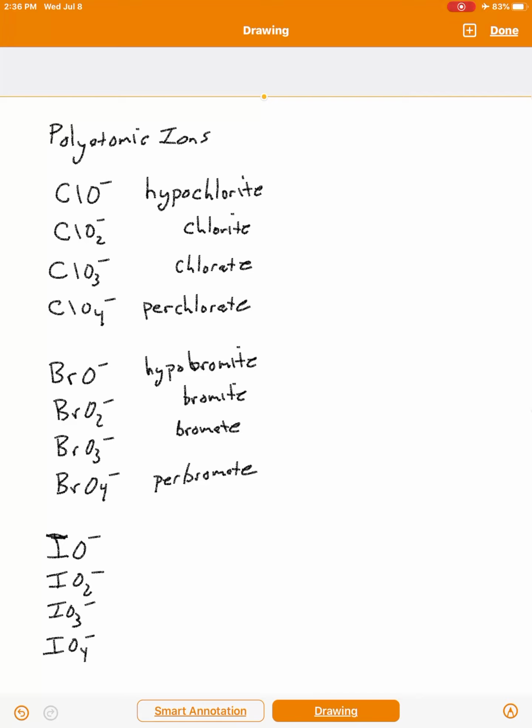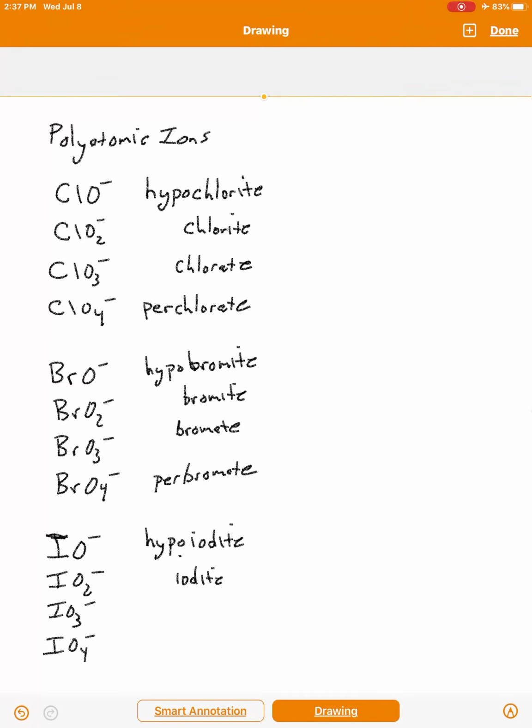And then the same thing, you may try these ones here. Try it with the iodine. It's iodine instead of bromine. So this would become hypoiodite, right? The one that only has 1 oxygen is hypo. Ite has fewer oxygens than ate. Second one, you drop the hypo, iodite.